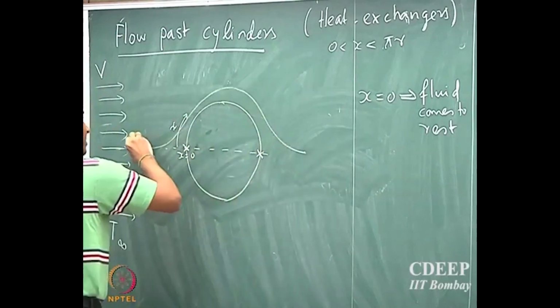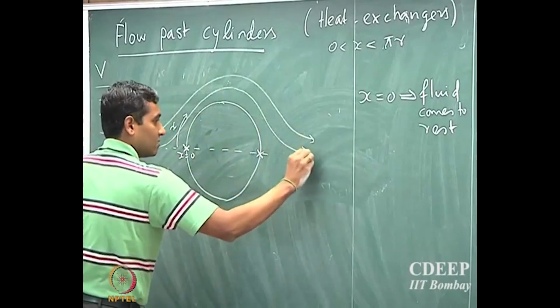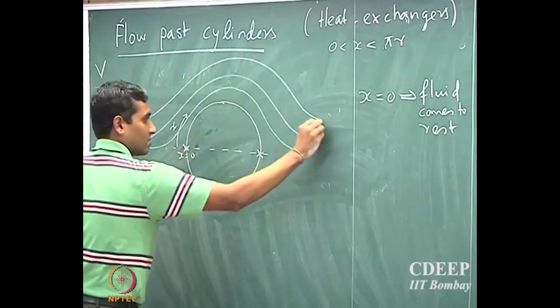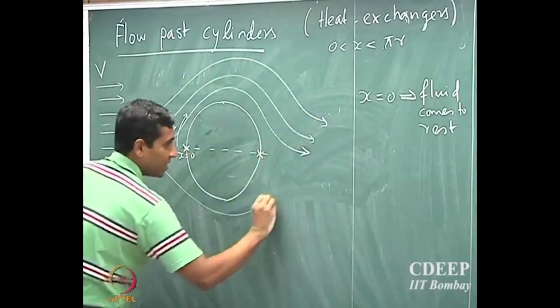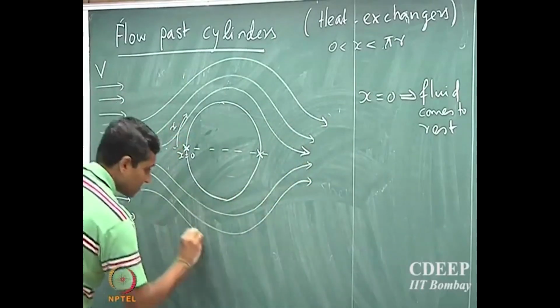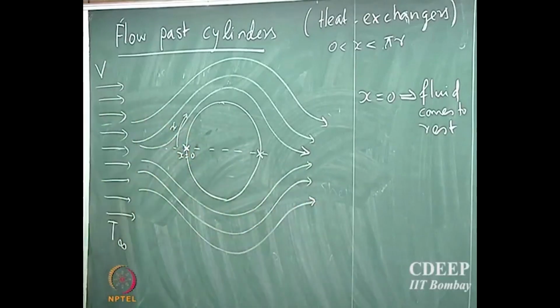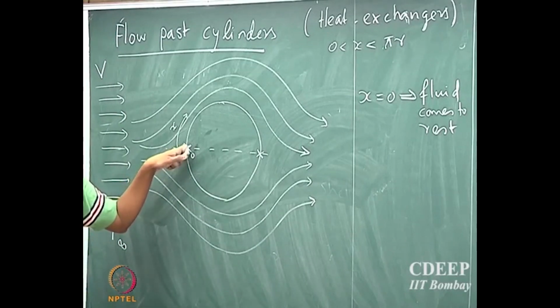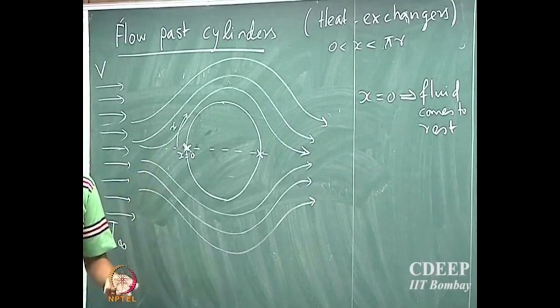So this is the fluid is actually taking this path, right. So really the fluid is never going to encounter this location x equal to 0, or rather the cylinder is never going to experience the fluid at that location x equal to 0.